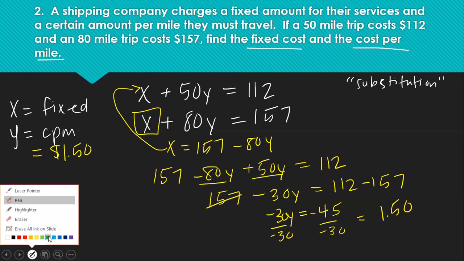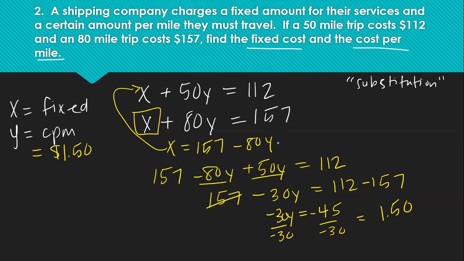Remember, we can take that value and plug it in. So we now have x equals 157 minus 80 times $1.50, and that gives us 37.